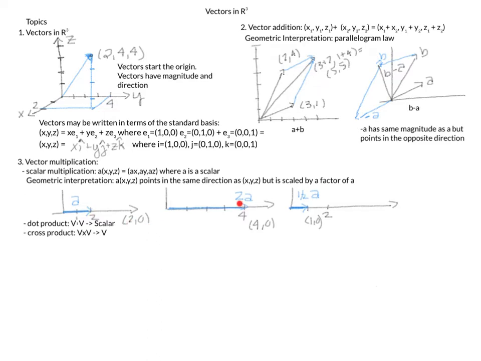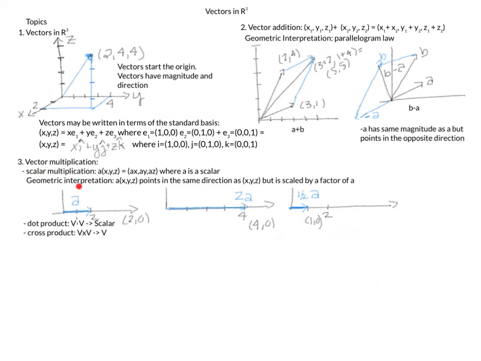If we scale it by 2 or multiply a by 2, we still have a vector pointing in the positive x direction, but its length has been made twice as long. So now we're at 4, 0. If instead we scale our vector by a factor of 1/2, now our vector is going to be half as long as our original vector, still pointing in the same direction.